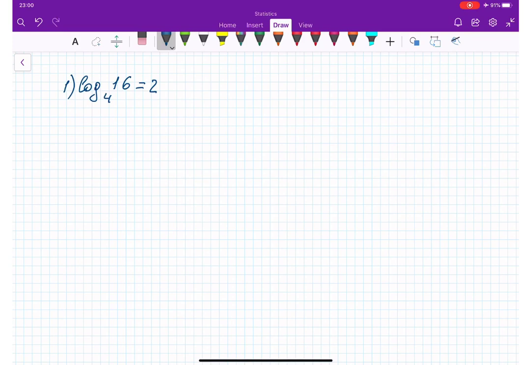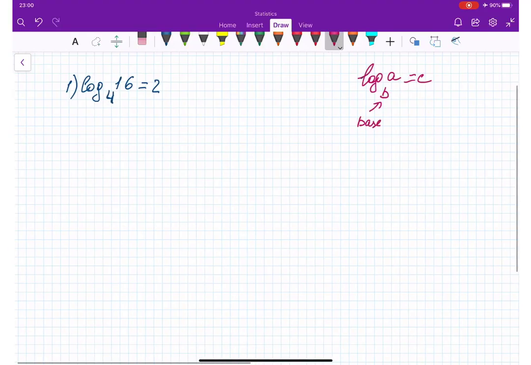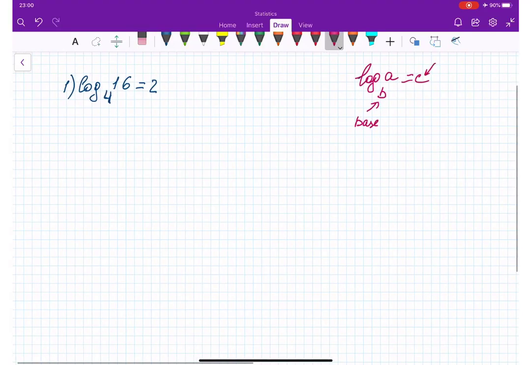To convert to an exponential equation, we need to understand one thing: when we have logarithm a by base b is equal c, b is the base and c is the exponent.